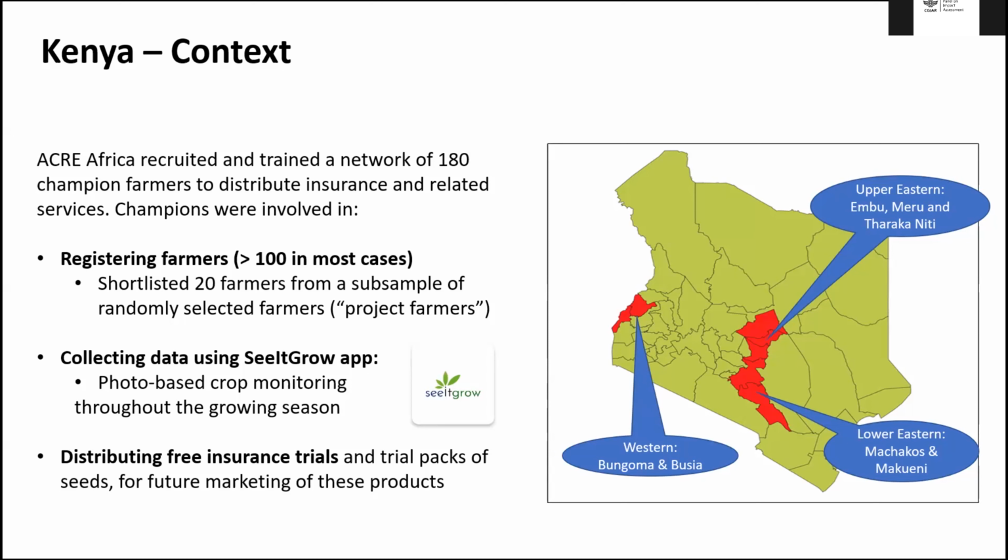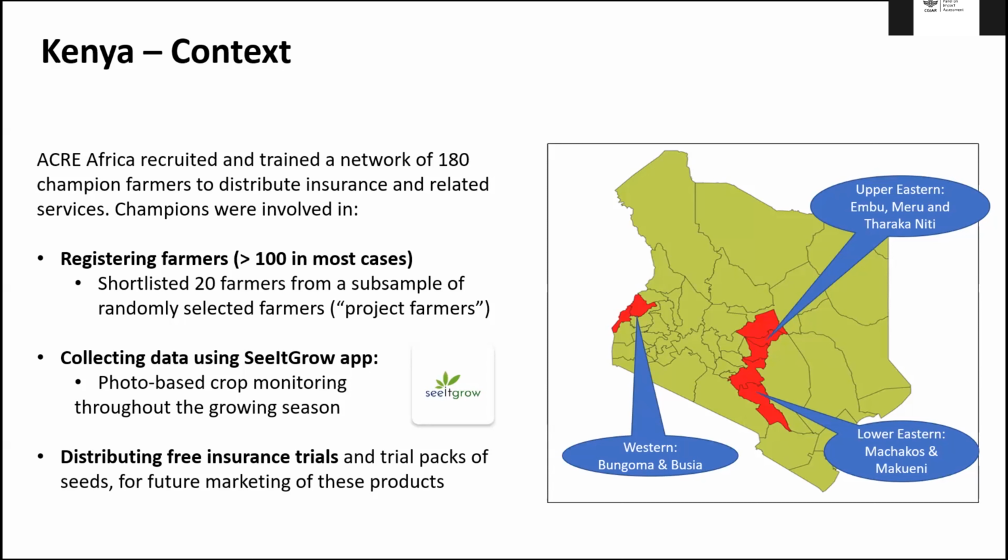This is a network of farmers that are considered to be more progressive in communities where Acre Africa works. These farmers are often considered to be social influencers, and Acre Africa works with them to distribute insurance and other services.